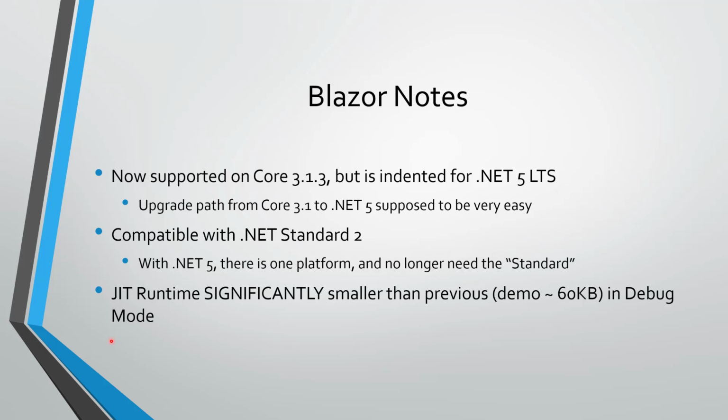And it's, again, compatible with anything that's .NET Standard. However, again, with .NET 5, there's no longer a need for the standard nomenclature. So everything's standard because it's kind of just one unified platform at that point. So I think I'm excited for .NET 5.